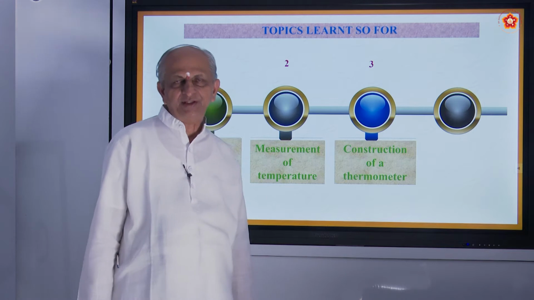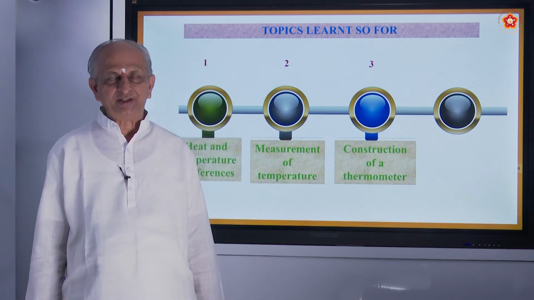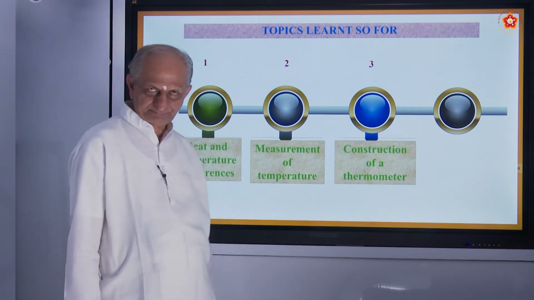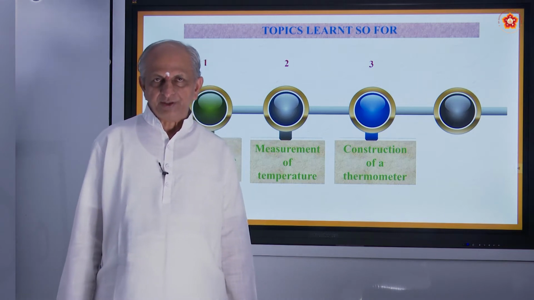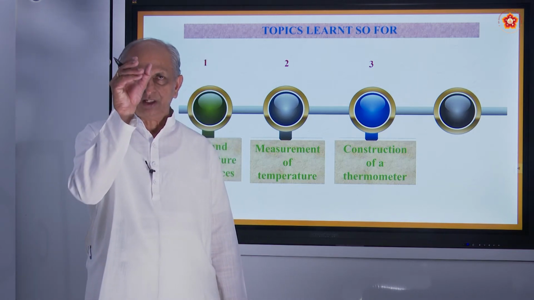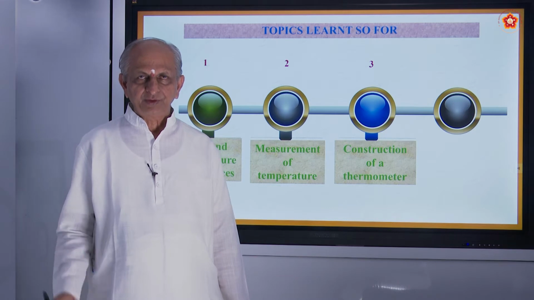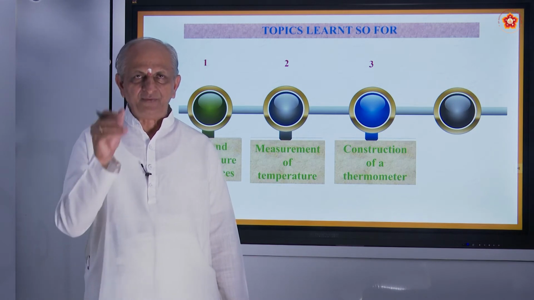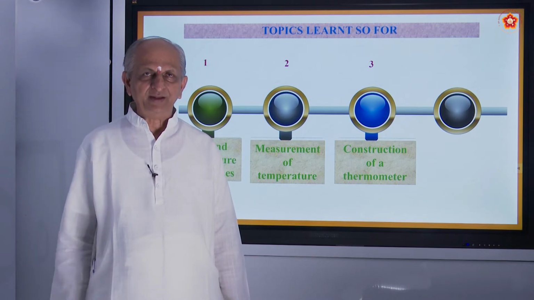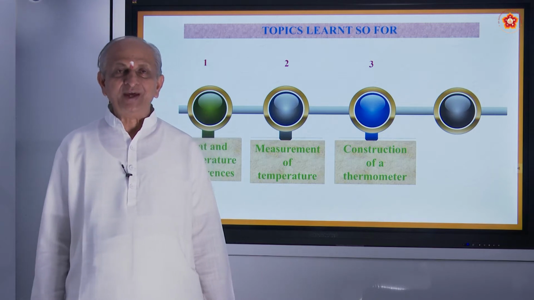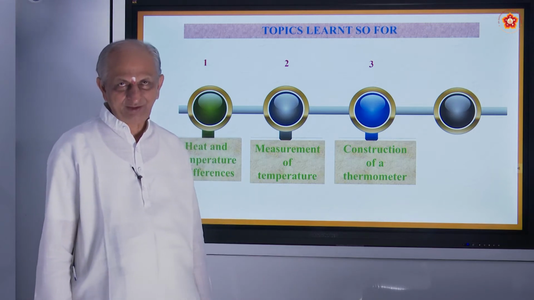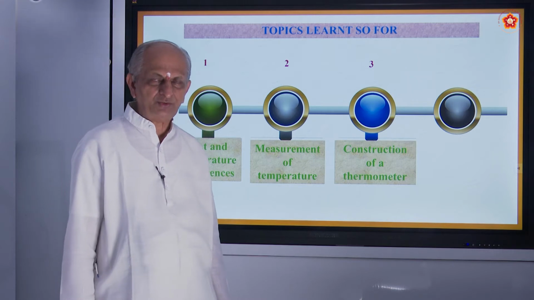Also, we have seen in the previous class how to construct a thermometer. It consists of a glass tube, inside which there is a thick-walled capillary. And what is the liquid used there? Usually mercury. Sometimes they use alcohol also.